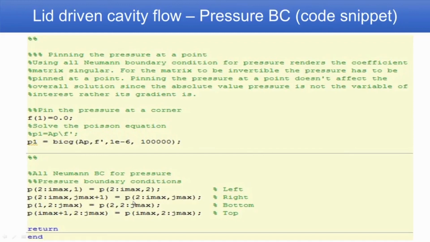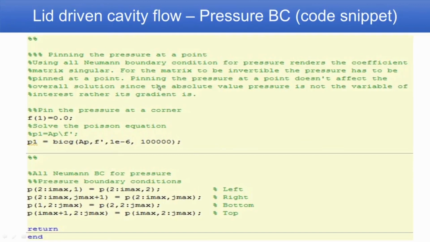Now, there is a procedure called pinning the pressure at a particular point. When you are using Neumann type boundary condition for pressure, it renders the coefficient matrix singular. If you get a singular matrix, it is very difficult to solve. So, to avoid that situation and to make the matrix invertible, pressure has to be pinned at a point.